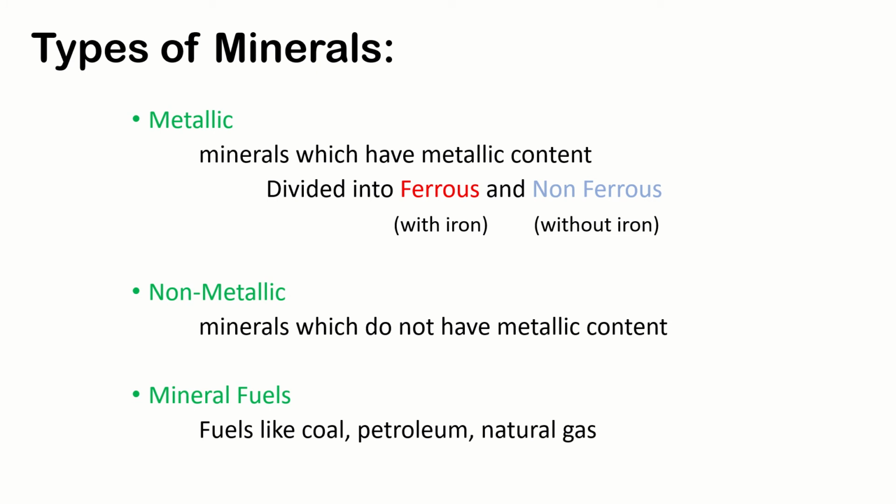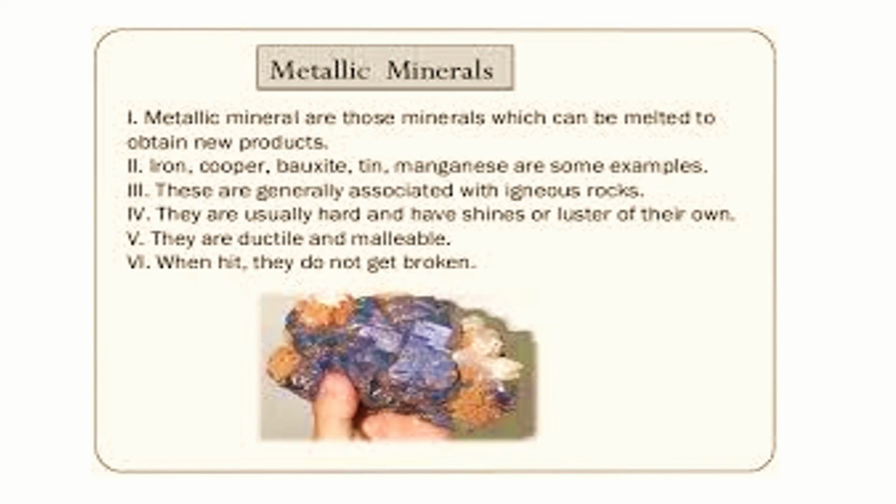They do not serve as raw material for the extraction of metal. And thirdly, of course, we have the mineral fuels like coal, petroleum, and natural gas, which belong to a third category altogether. So let us understand the different features of these divisions.